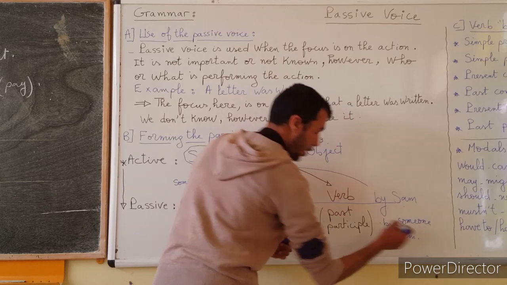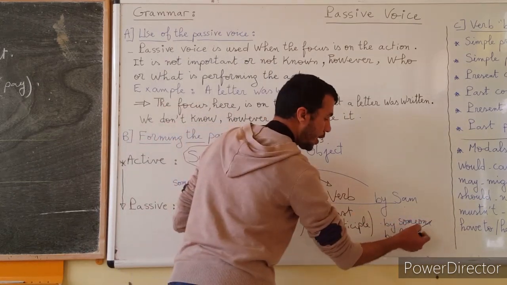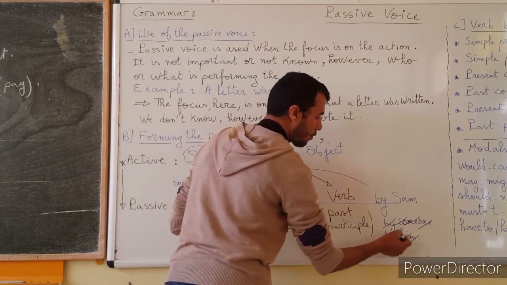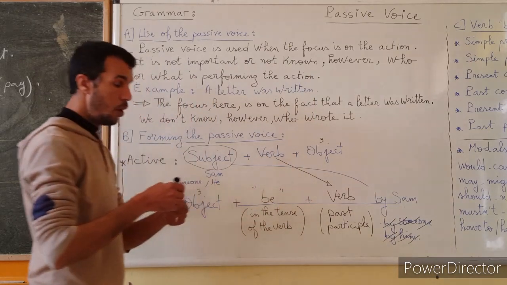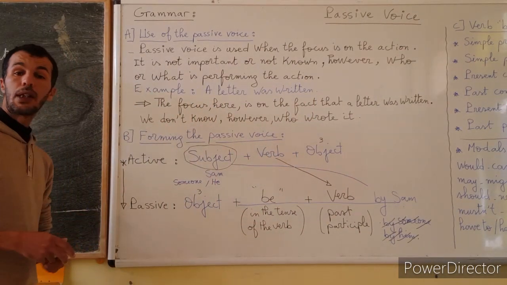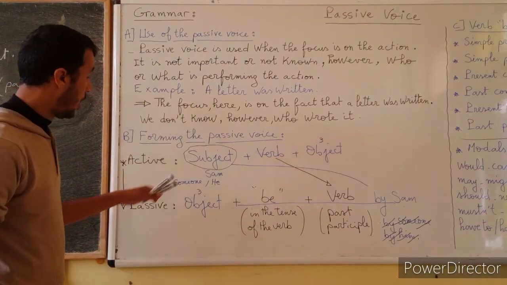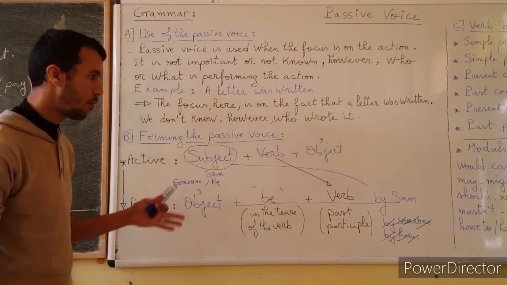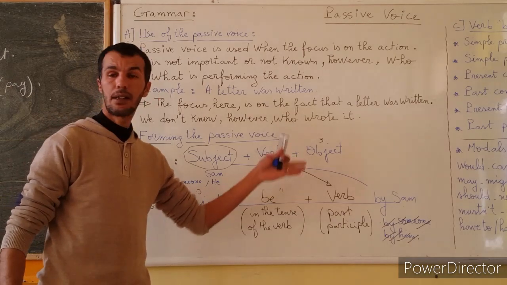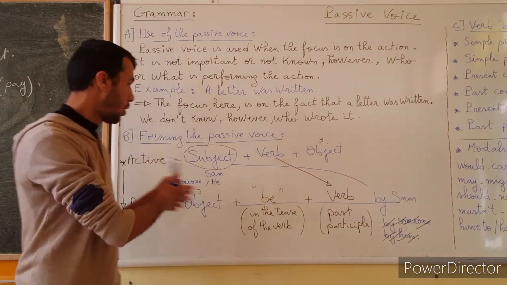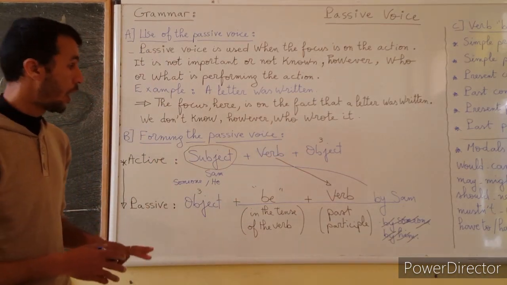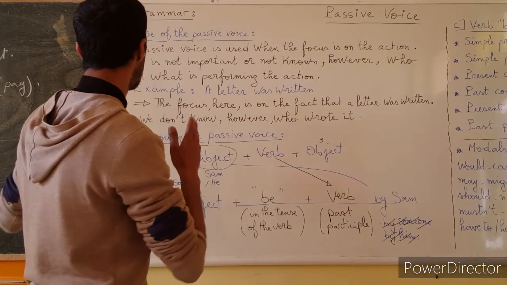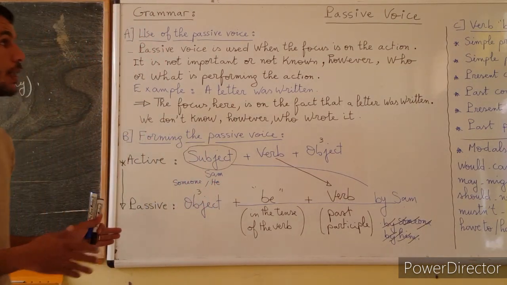These are incorrect because we don't know who we are talking about. But when we have son, the doctor, teacher, student, it's necessary to write by and the doer of the action. Okay, this is for the use and the form of the passive voice.